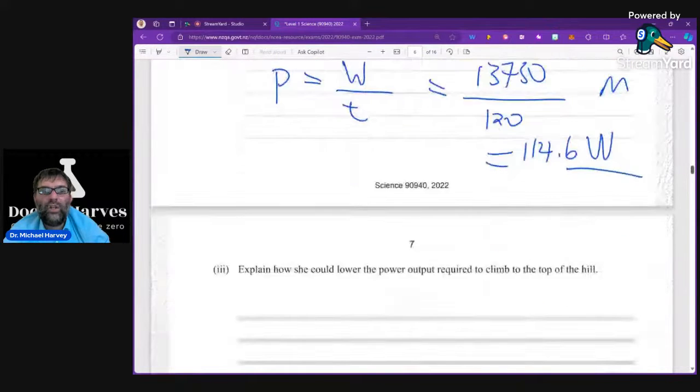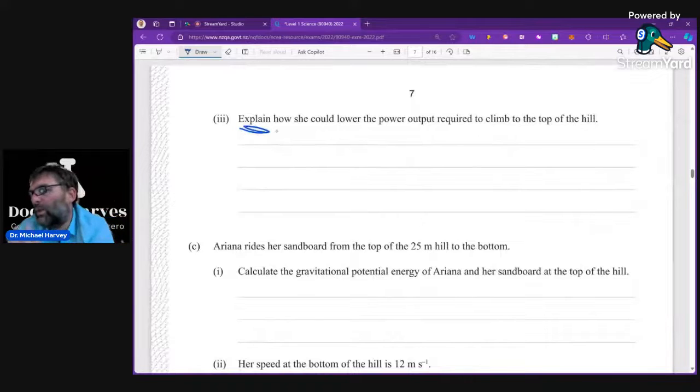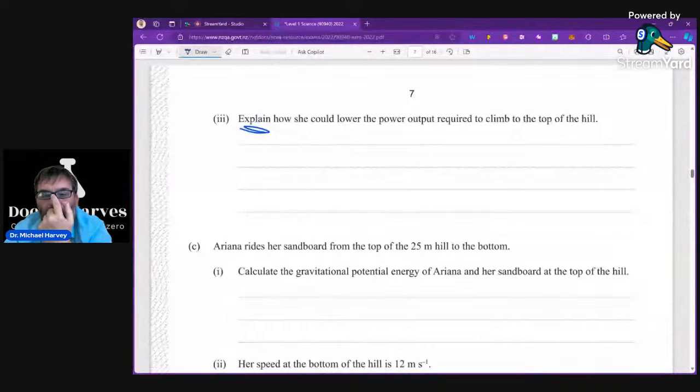And the last question is the excellence question, because it's always got the explain part. So the explain part's always trying to probe and have higher thinking skills. Explain how she could lower the power output required to climb the top of the hill. Okay.